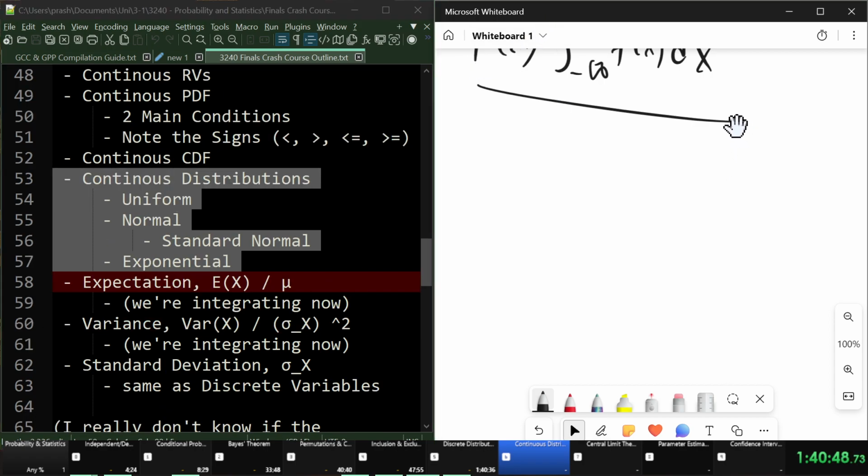We've got the uniform distribution, which we've used a couple of times. The uniform distribution just means that for a certain range, let's say, I don't really have a very good example for this, but you have a certain range. This is your value line.